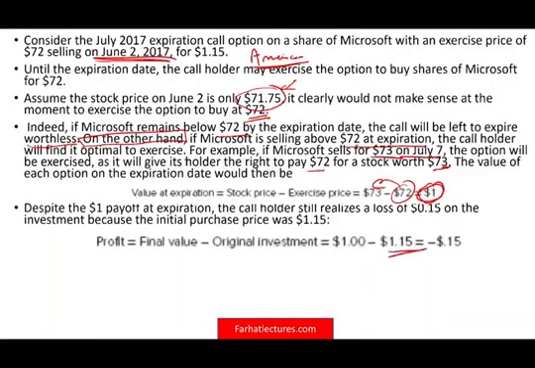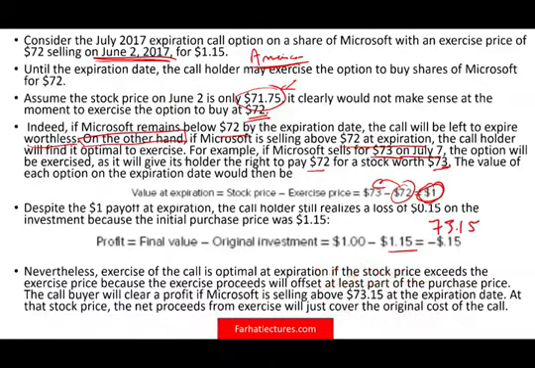So simply put, to make a real net profit on this option, the price of Microsoft has to be 73.15. In other words, you have to count how much you're paying for the stock, which is the exercise price plus the premium. So you have to cover both to make a profit.